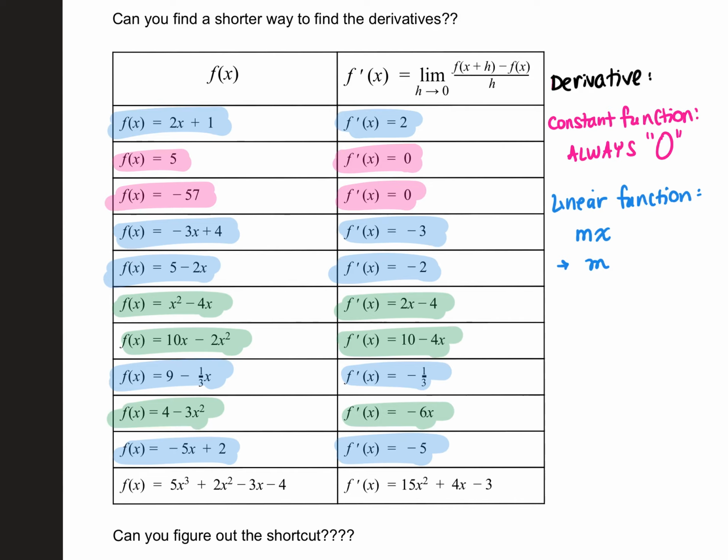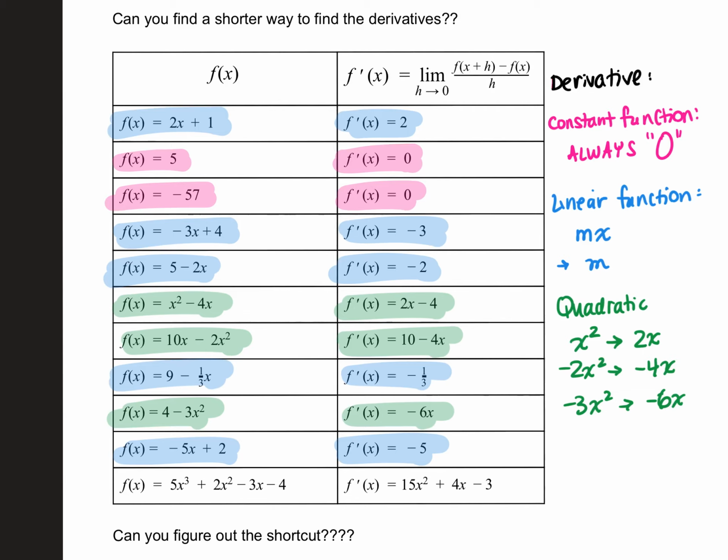So it gets a little more interesting the higher the power goes. So like for our quadratic here, we go from an x squared to a 2x. We go from a negative 2x squared to a negative 4x. We go from a negative 3x squared to a negative 6x. Do you see what's happening?